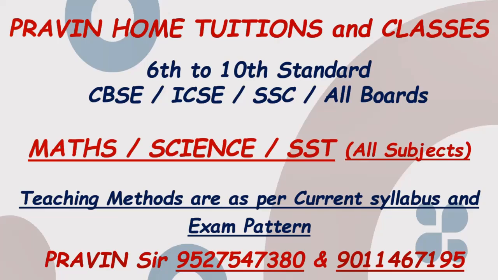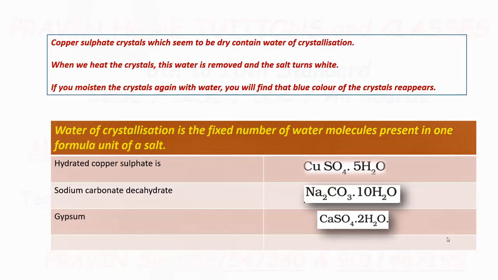Hello friends, welcome back. Here one phenomenon is there, water of crystallization. Water of crystallization is the fixed number of water molecules present in one unit of salt. If one unit of salt is there, the fixed water molecules present in that are called water of crystallization.